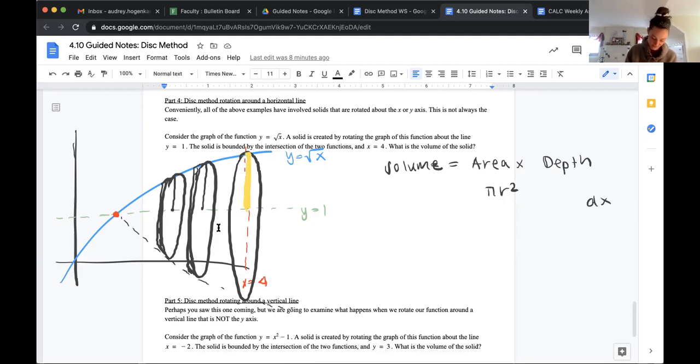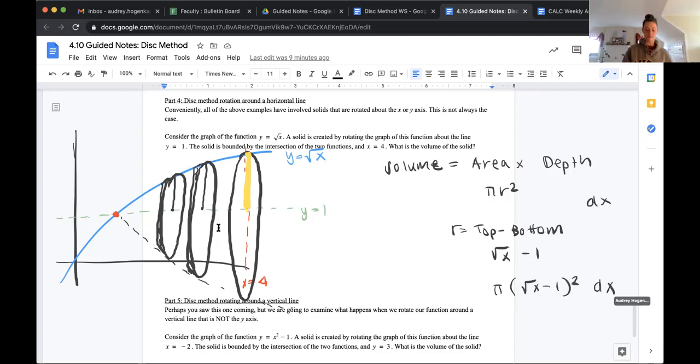So our radius is going to be the square root of x minus 1. So our area is pi times the square root of x minus 1 quantity squared dx, and that is the volume for one little slice.